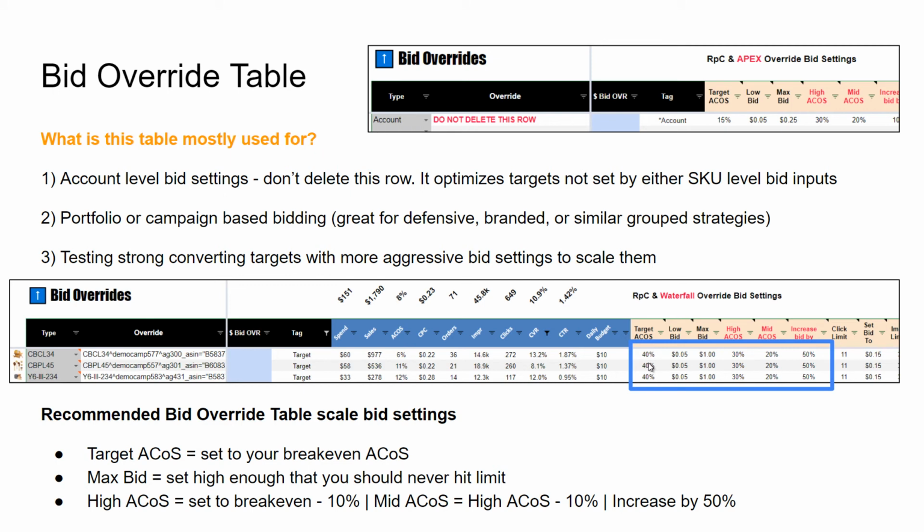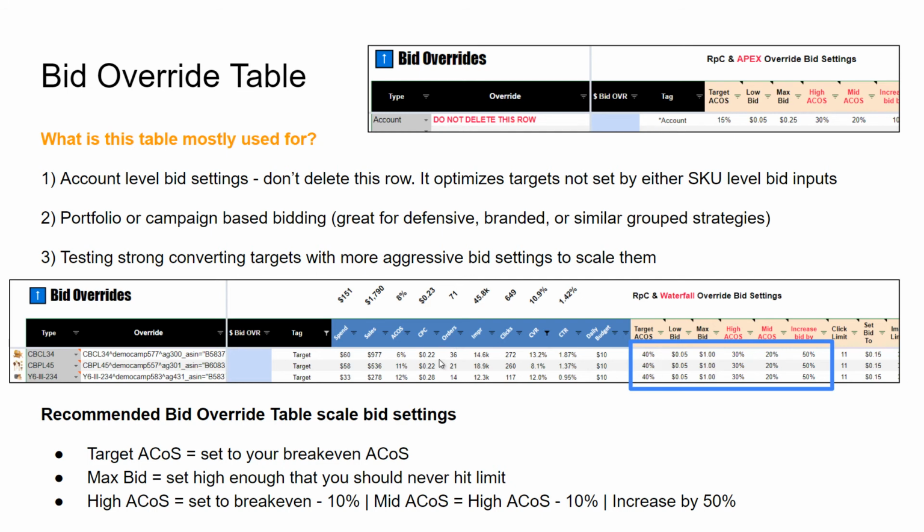So with that, we recommend these kind of criteria to get started for your target ACoS. Set that to your break-even ACoS. So in this example, my gross margin is 40%, so my break-even ACoS is 40%. Set that to 40. Max bid, set that high enough so you should never run out. Before, if you remember, we did like 80% of the exact match CPC for these. Now we're really going to increase this.